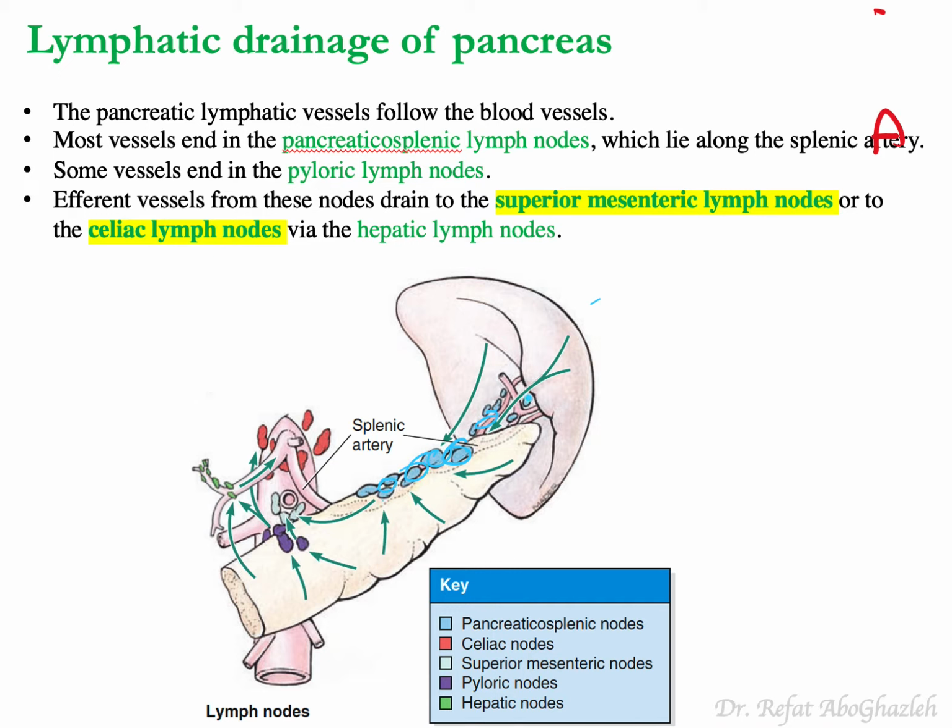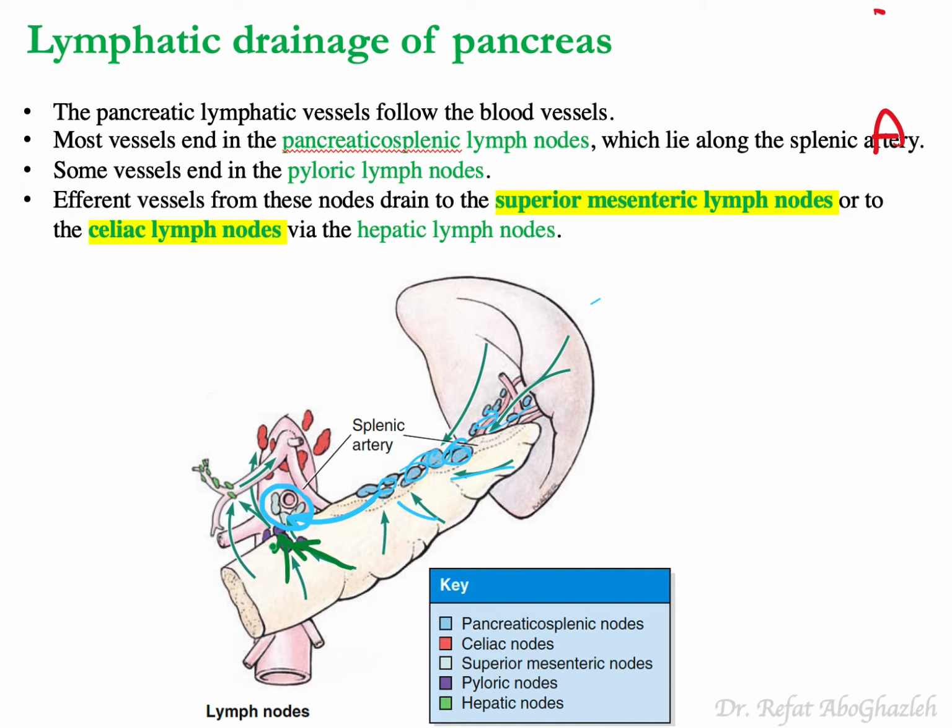They will drain the spleen, tail, and body of the pancreas to the superior mesenteric lymph nodes around the superior mesenteric artery. Excellent.